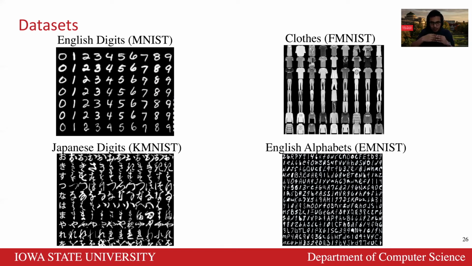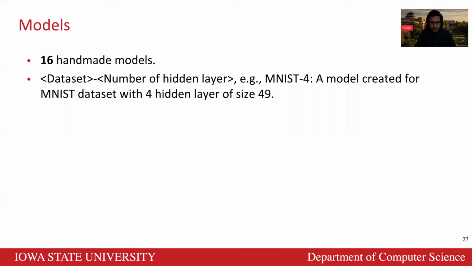As our approach is based on dense hidden layers, training a DNN model with only dense layers does not achieve high testing accuracy. To remedy that problem and to fix the number of output levels, in all the datasets under experiment, A to J, the first 10 classes, are taken from the dataset. To evaluate our approach, we built 16 different handmade models.